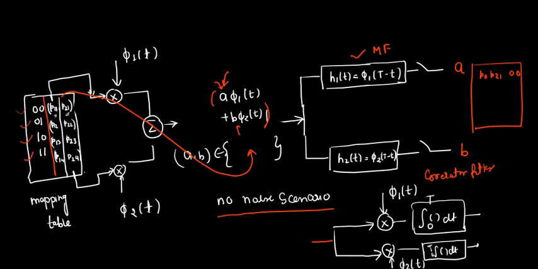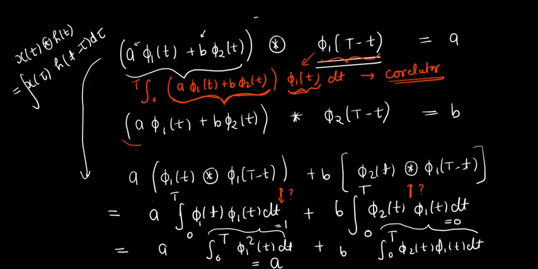So if this is true, then easily you can see that whatever we pass through here, a weighted summation of phi 1 and phi 2, we will get the first factor here and the second factor here using this. Yes or no?